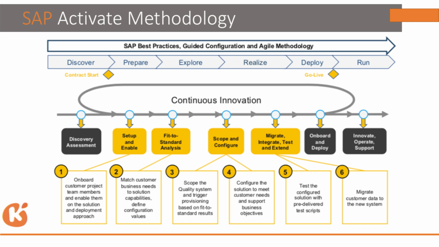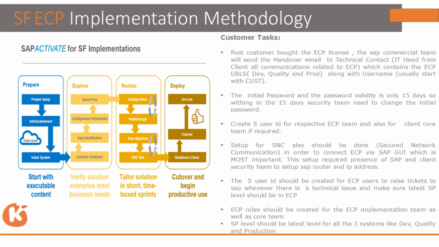However, there are certain customer activities that, as a customer, you need to take care of before implementation. As soon as you start the implementation, these requirements should be fulfilled by the customer. Otherwise, we cannot start implementation for ECP. And what are those? This is most important.